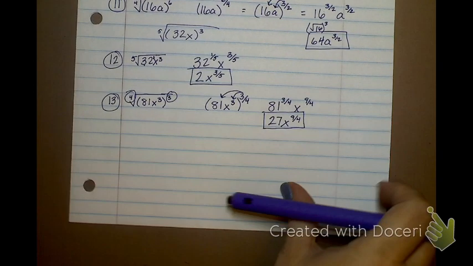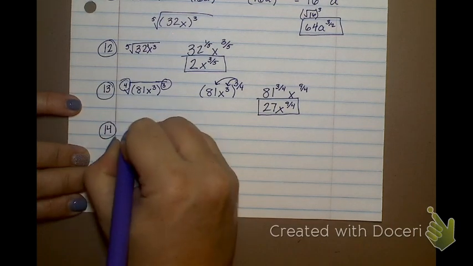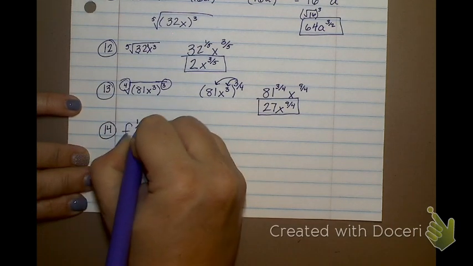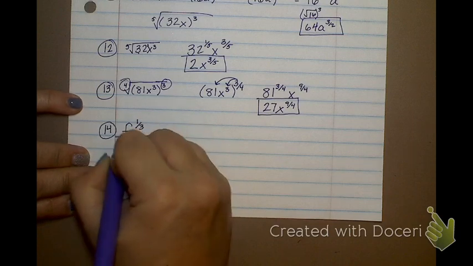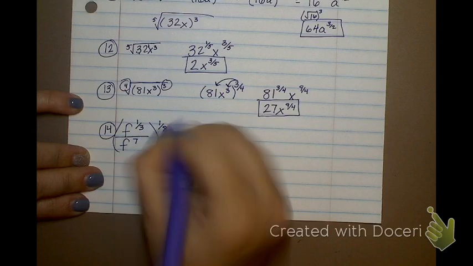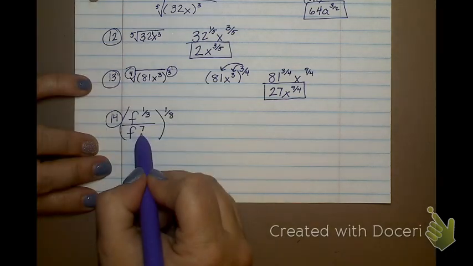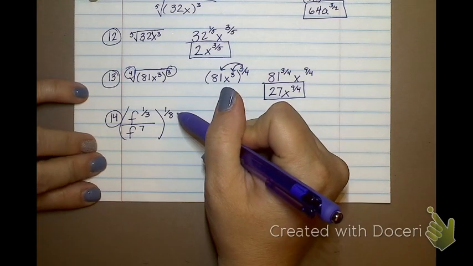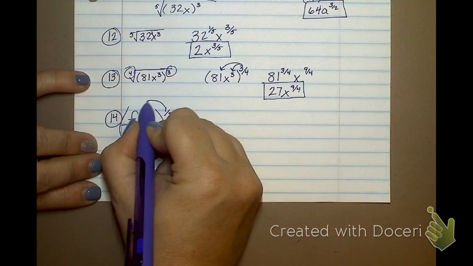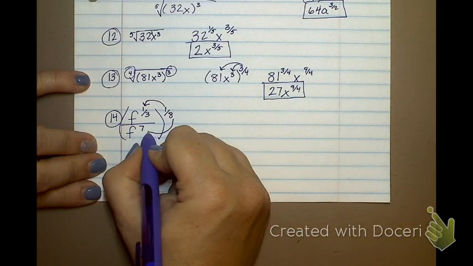All right, now we're into my favorite ones. All right, f to the 1/3 over f to the 7th, all to the 1/8. Now, I like getting rid of any parentheses first. And if I have a whole fraction that has an exponent on it, then that exponent has to apply to everything on the top and everything on the bottom.